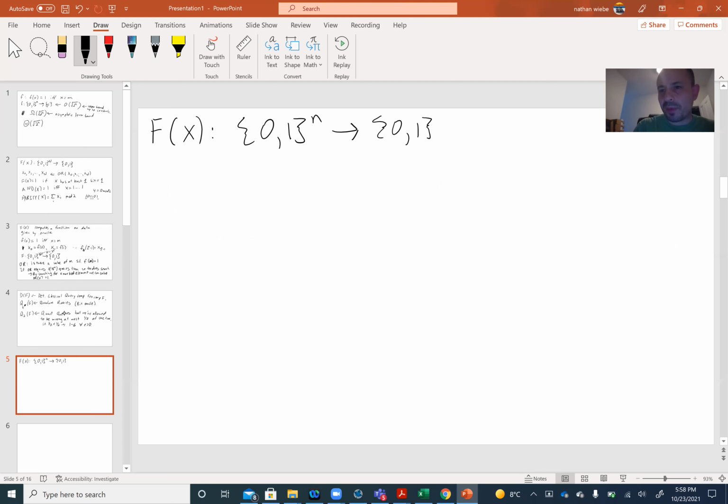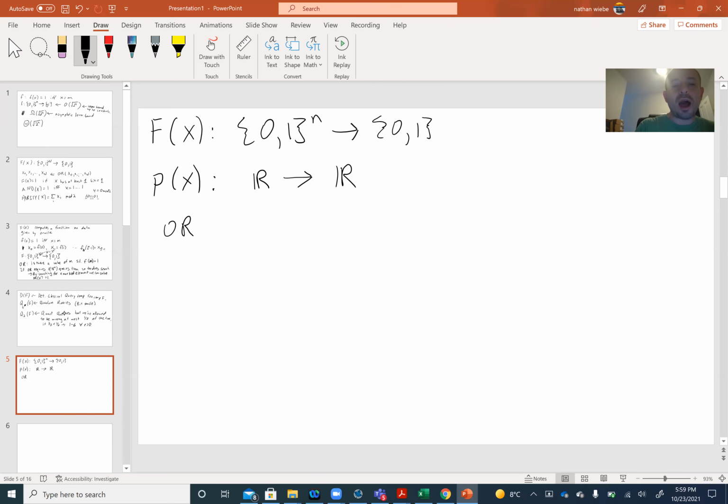We can approximate this discrete function by a continuous polynomial p of x, which in this particular case will map from the reals to the reals.